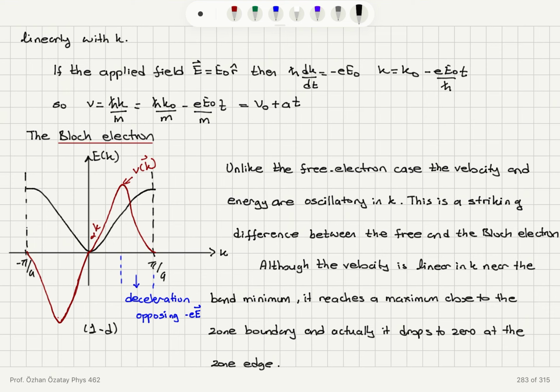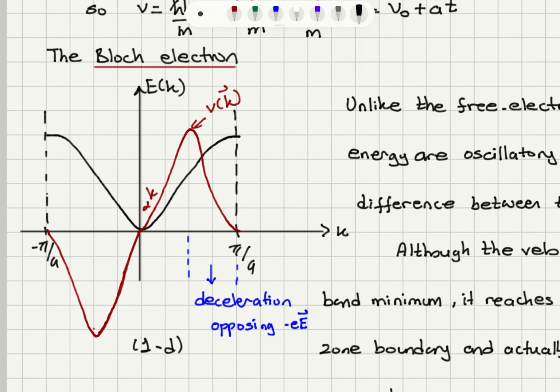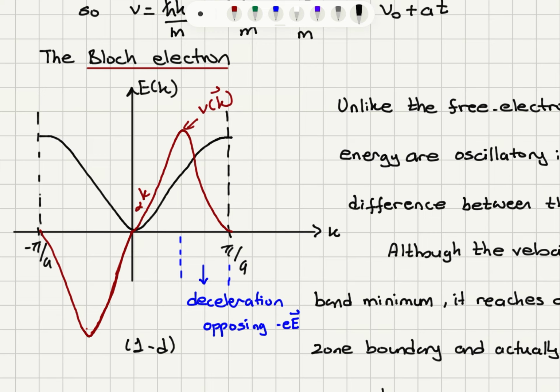Now, for the case of the Bloch electron, when we have this band structure, you can see here we have a band gap, as you remember. This is just the first band that I have drawn here for the one-dimensional case. If you look at the derivative of the energy with respect to the wave vector k, we obtain 1 over ħ times this derivative, which gives us the velocity of the electron.